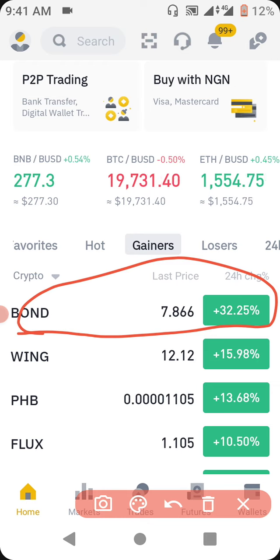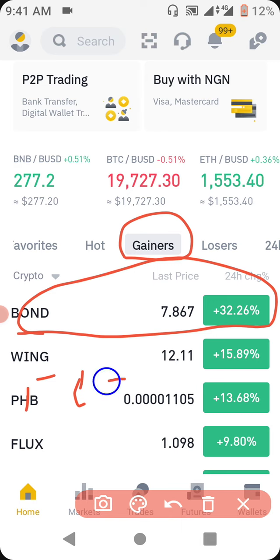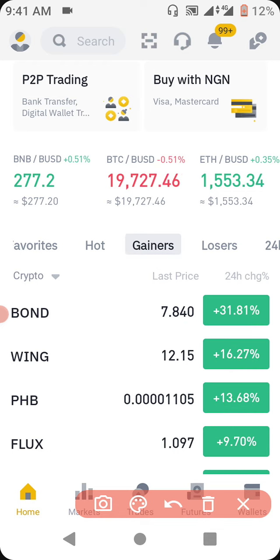So what is very nice to do is, when you see these gainers right here, you can always come down here, the first one, you know that is spiking. So you are prepared to buy the first resistance and sell at the last one, the recent one.